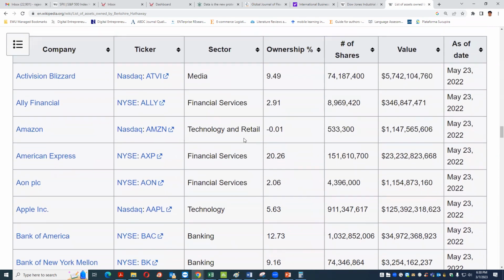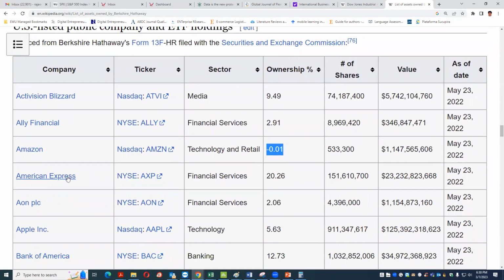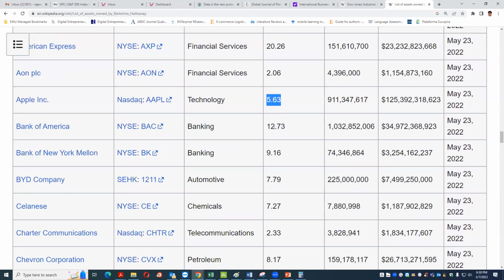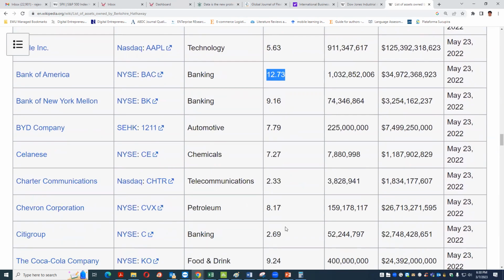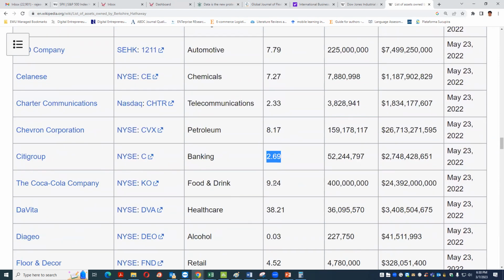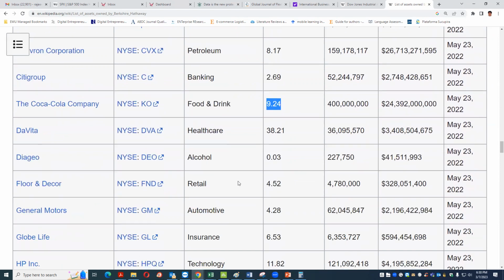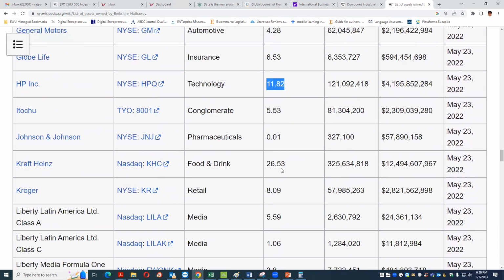Okay, here you can see ownership of this company. Amazon, it has now negative ownership. American Express, it has 20% ownership. In Apple, it has 5.63. Bank of America, 12.73. Citigroup, it has 2.63. The Coca-Cola is 9.24. You can look into General Motors, 4.28, HP 11, 12, Kraft and Heinz.